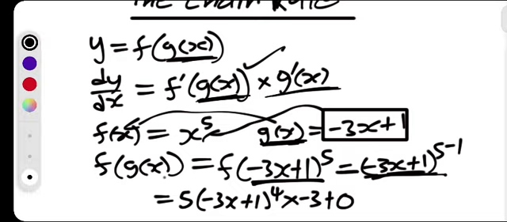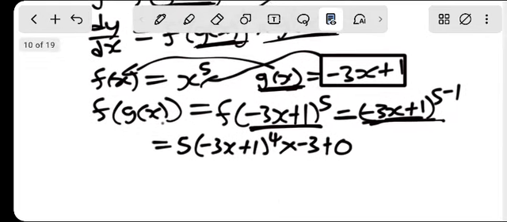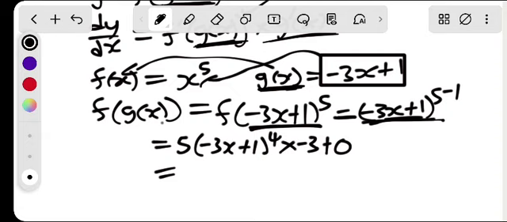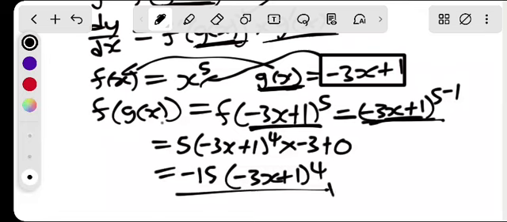So this will be equal to negative 15 times minus 3x plus 1 raised to the power of 4. This is how you find the derivative.